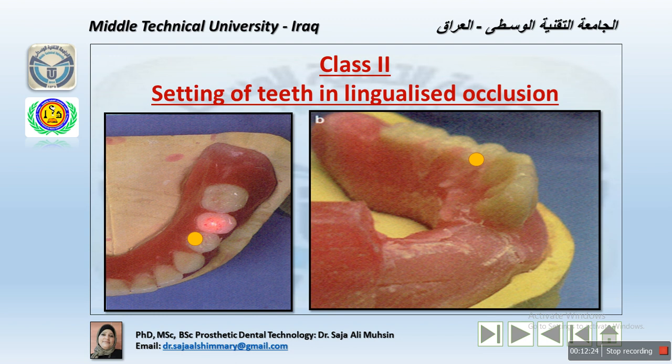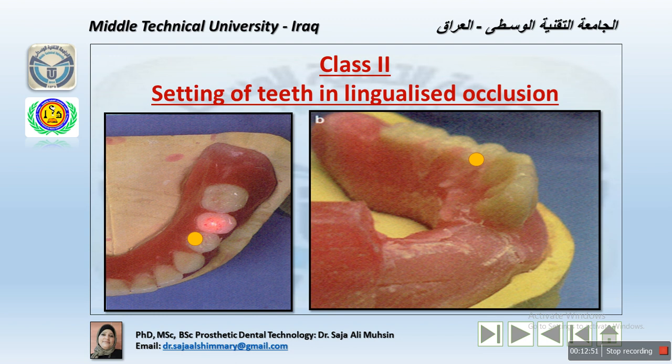There is always, dear students, more leeway. Leeway is the space that we have between the upper and lower teeth when placing the upper teeth, because the upper ridge is wider than the lower. Now, the room for the lower anterior teeth in class 2 cases is usually reduced compared to class 1 and class 3. Of course, later on we will discuss that.